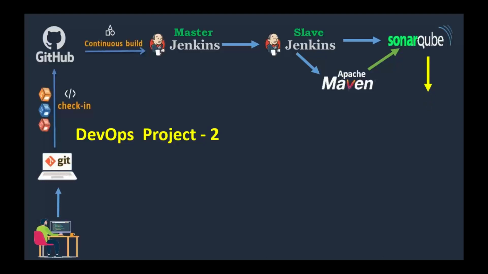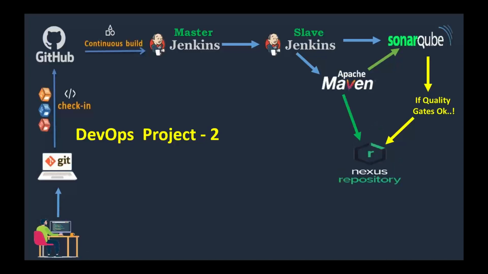Once we integrate SonarQube with Jenkins, we are going to write pipeline scripts using Jenkins declarative pipeline scripting. If the code quality is okay by the SonarQube quality gates, then we send it to the Nexus repository.